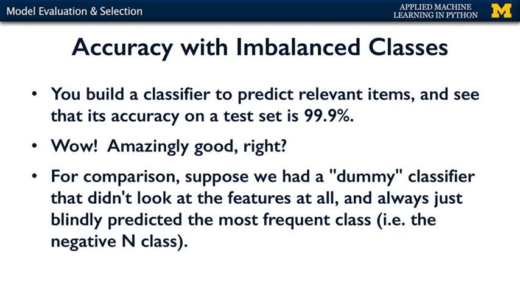At first, that might seem to be amazingly good, right? It's incredibly close to perfect. But let's compare that to a dummy classifier that always just predicts the most likely class, namely the not relevant class. In other words, no matter what the actual instance is, the dummy classifier will always predict that an item is not relevant.